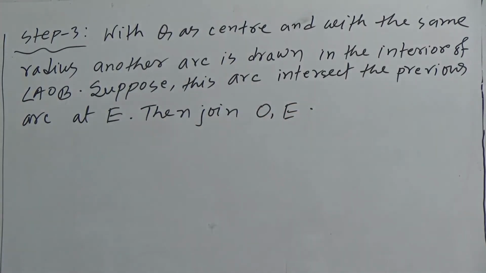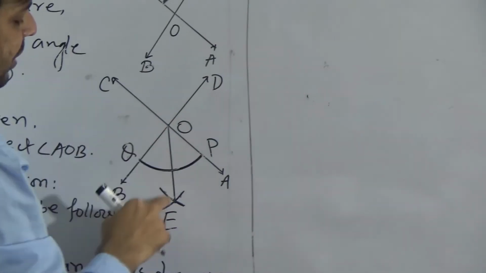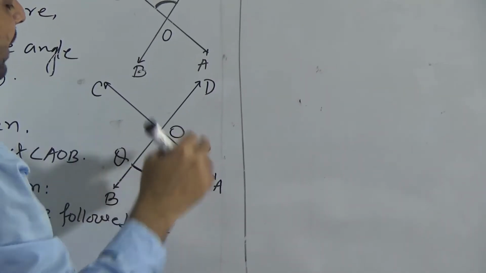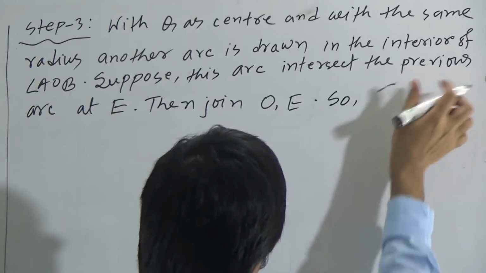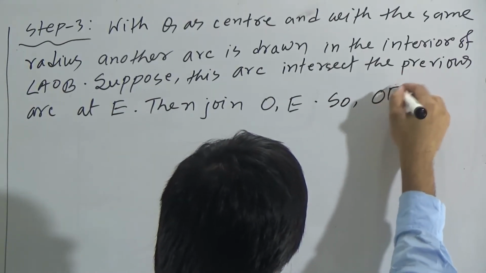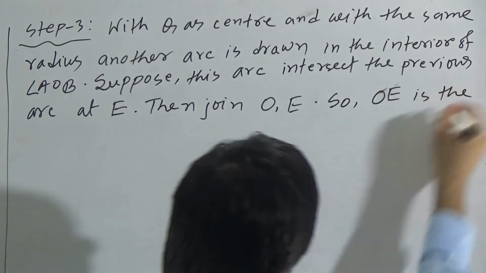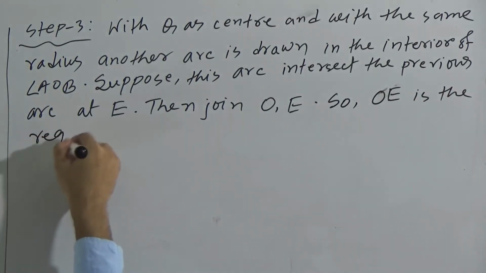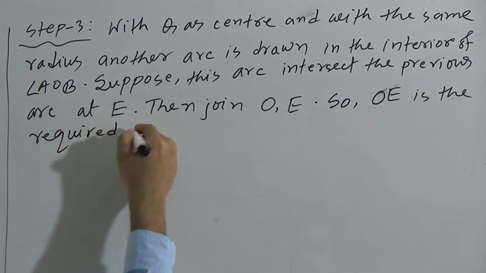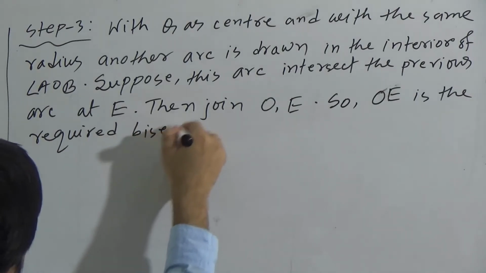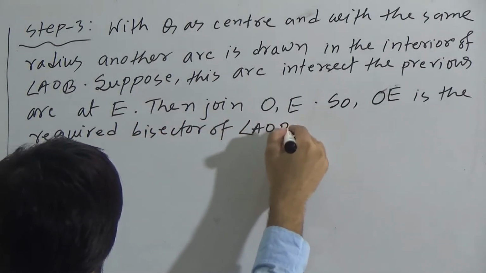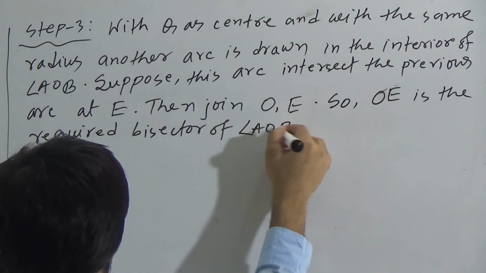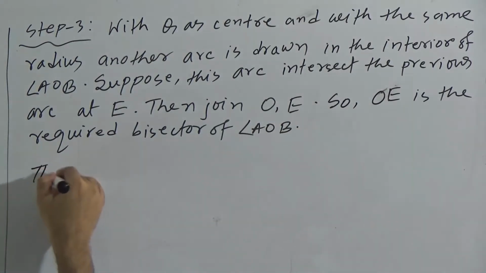If we join O and E, then OE is the required bisector of angle AOB.